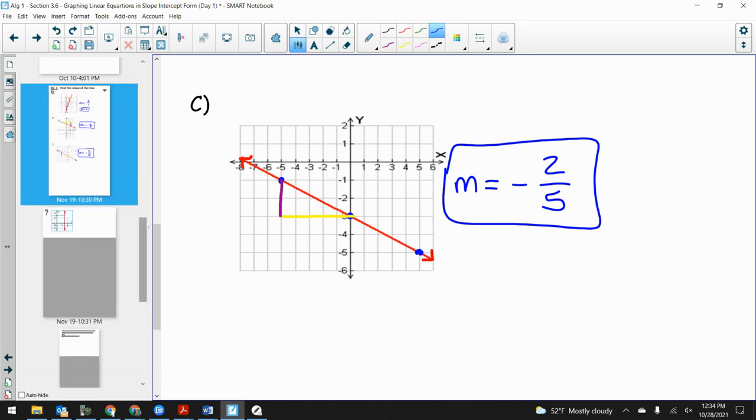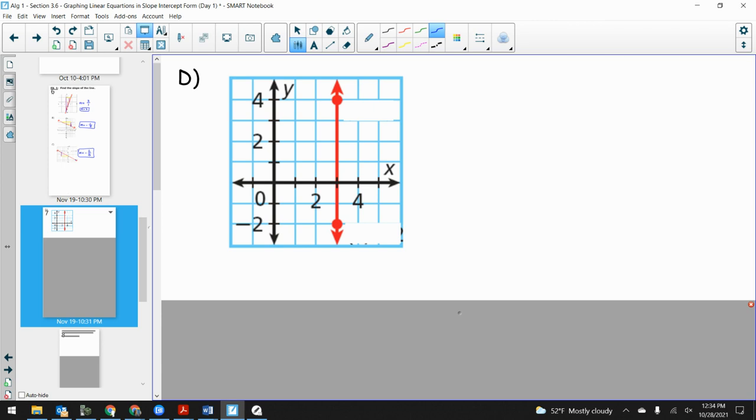Okay, a couple more graphs. Now, when you have a vertical line like this, how much am I rising? 1, 2, 3, 4, 5, 6. How much am I running? 0. I'm running 0.